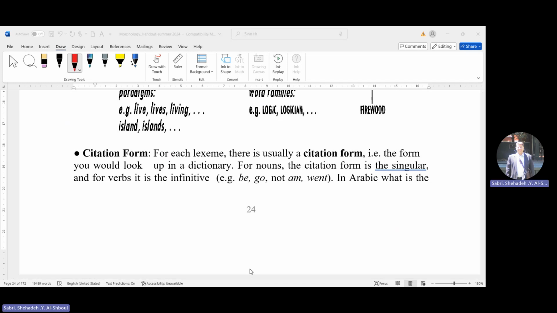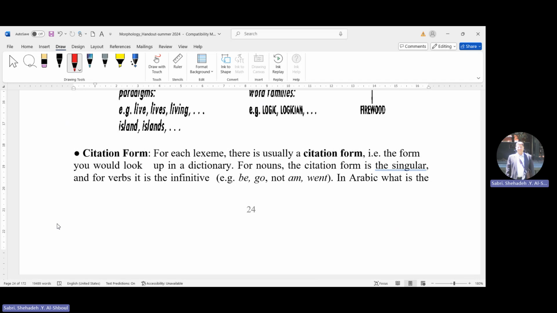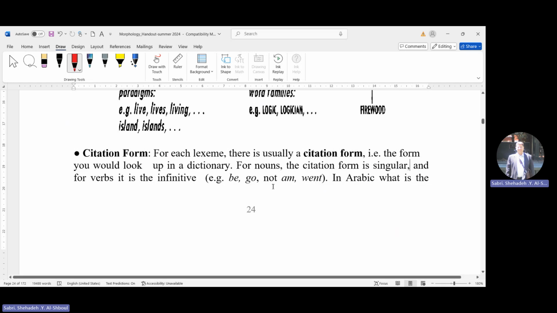Typically, when we go to the dictionary, we look into the citation form. So for nouns, for example, in English, the citation form is the singular. So it is highly unlikely that I look for the meaning of children under children. Rather, I go to the form child, which is the citation form.